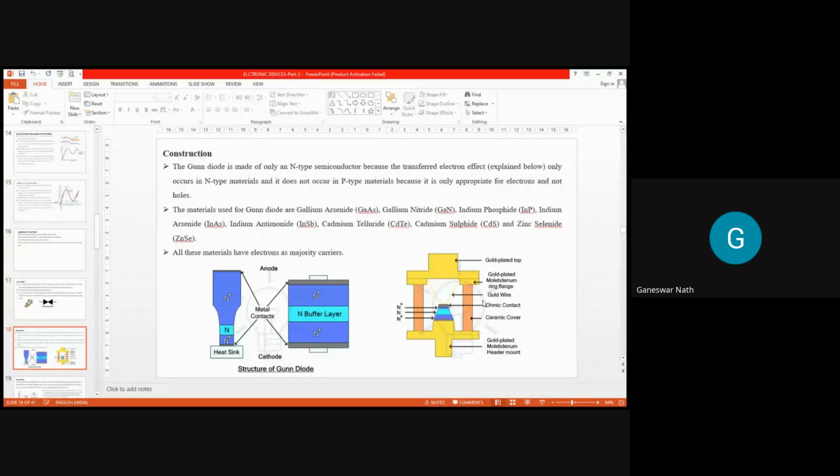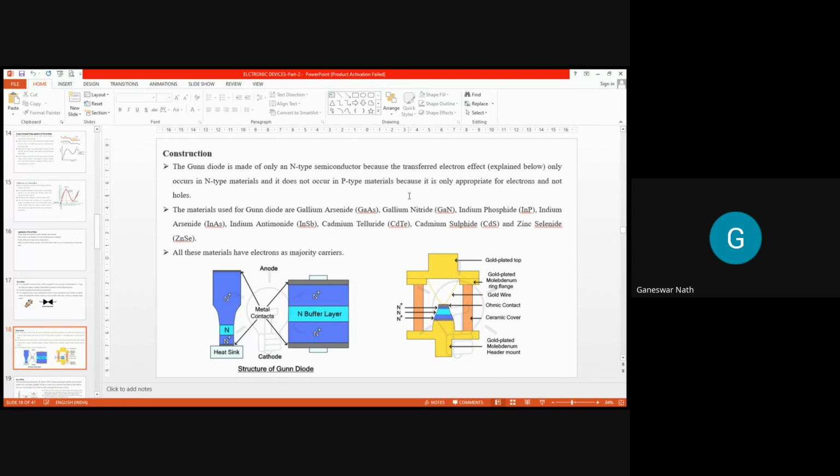Okay. Now coming back to construction, all of you can see the Gunn diode is made up of only N type semiconductor, because the transferred electron effect only occurs in N type material and does not occur in P type material.